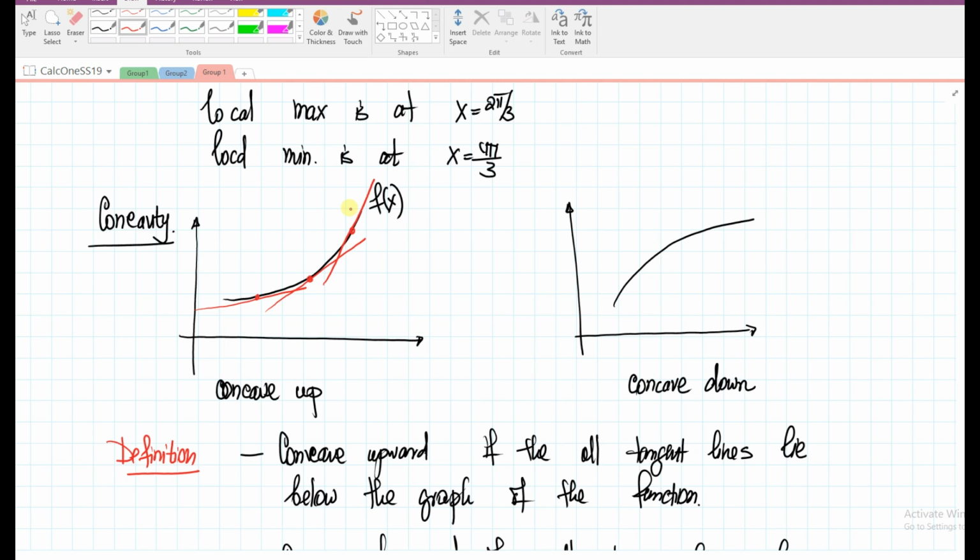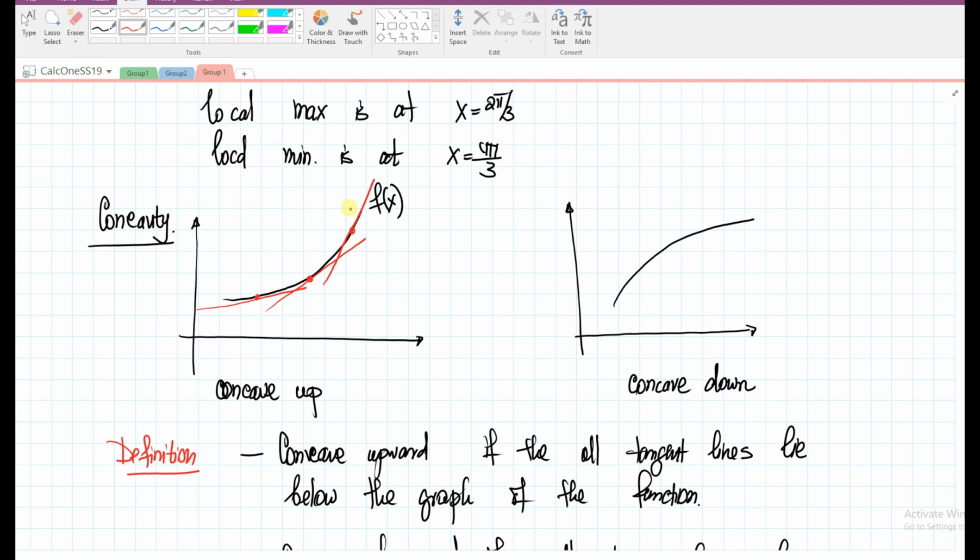They are changing. They are increasing, right? It means that the slope of the tangent line is an increasing function if the function is concave up, right? Again, if the function is concave up, then the slope of the tangent line is increasing, right?